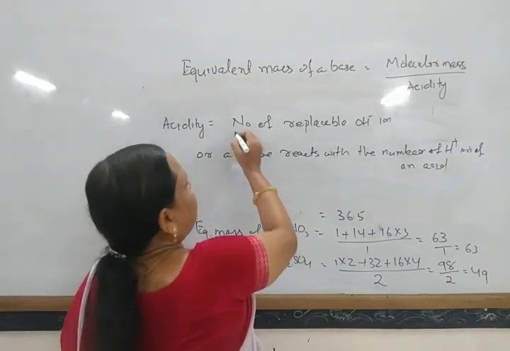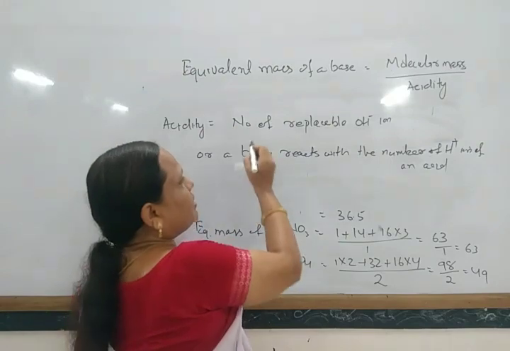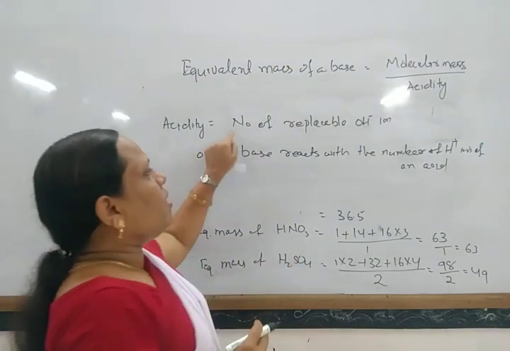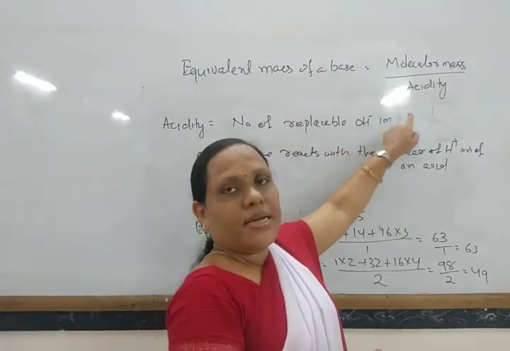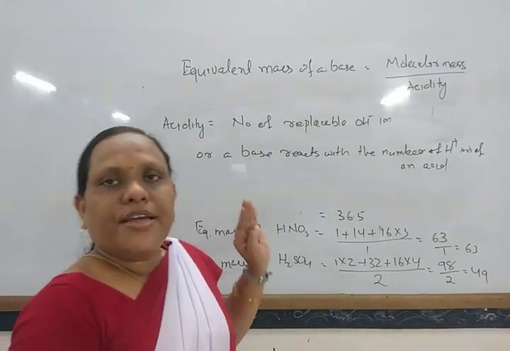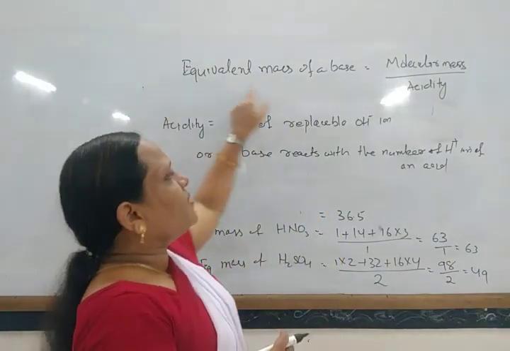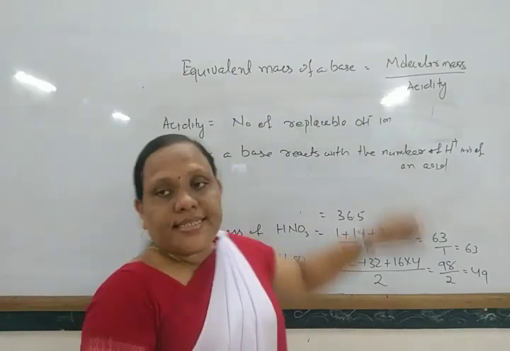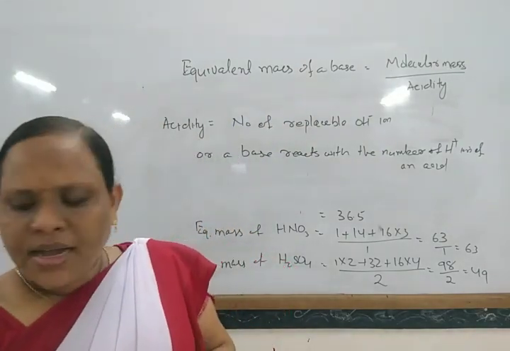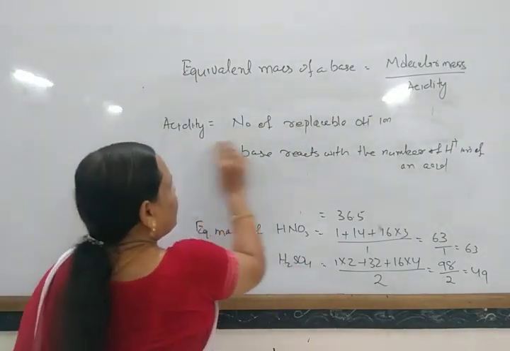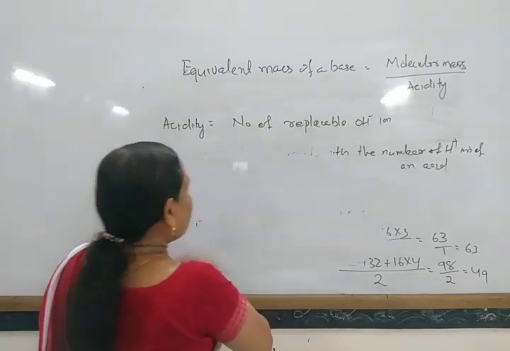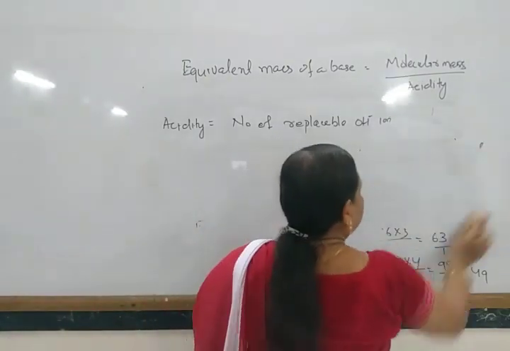So for simple remembering, for simply answering, you remember the number of replaceable OH minus ion present in the formula of a base, that is known as its acidity. So in this way, determine the equivalent mass of some bases.